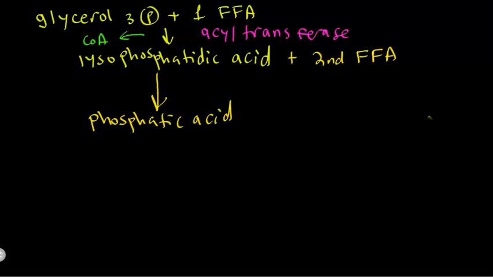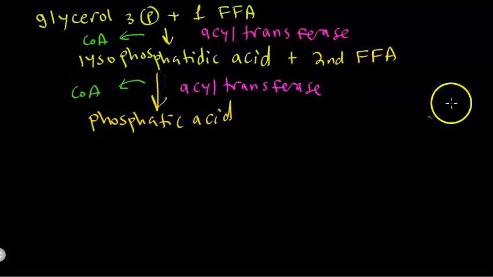And the enzyme needed to add this second fatty acid is not a surprise, it's still acyl transferase, because we're adding that acyl group to the lysophosphatidic acid. And in this step, we're going to lose another coenzyme A.